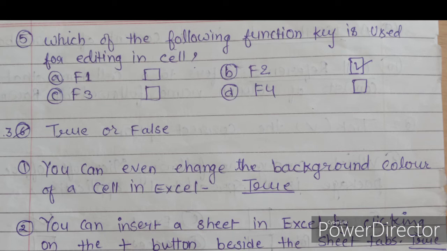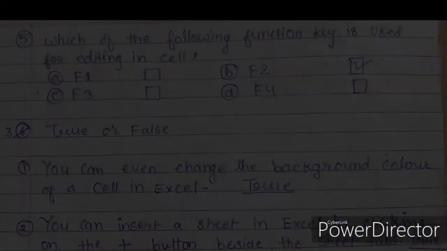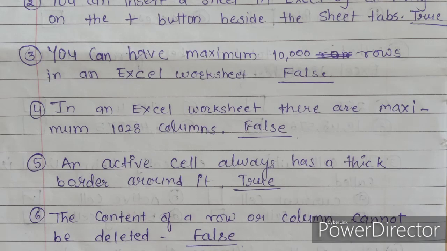Next one is true or false. You can even change the background color of a cell in Excel, that is true. You can insert a sheet in Excel by clicking on the plus button beside the sheet tab, that is true. You can have a maximum of 10,000 rows in an Excel worksheet, that is false.